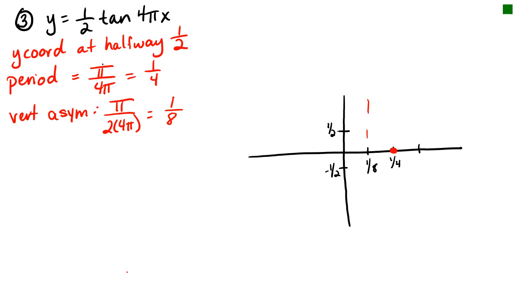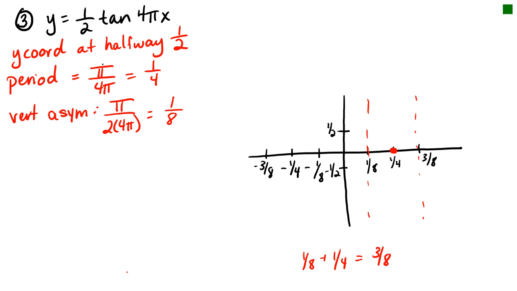So asymptote here, we're going to have an asymptote here. So we're going to do 1/8 plus 1/4, which is 3/8. So this is 3/8. All right, let's do that in the negative space. So 1/8, x-intercept at 1/4 because that's what our period is, and then negative 3/8.